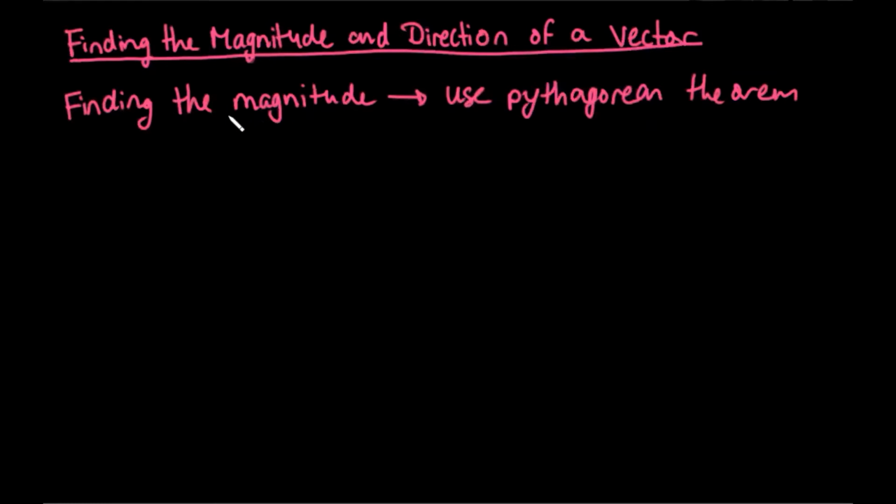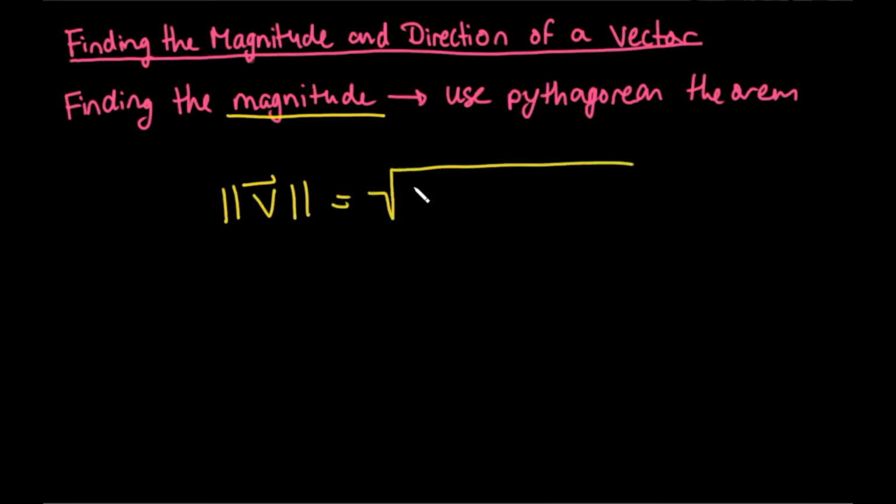When we're looking for the magnitude, the formula that we're going to use is derived from the Pythagorean theorem. And the formula is written like this. The magnitude of your vector is equal to the square root of your i vector squared plus your j vector squared.